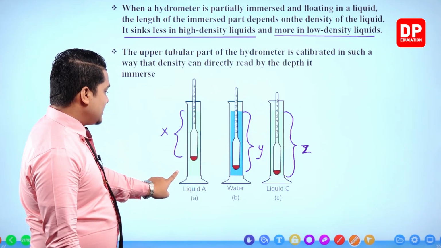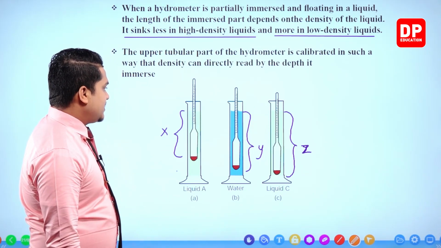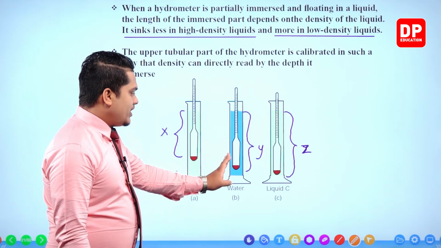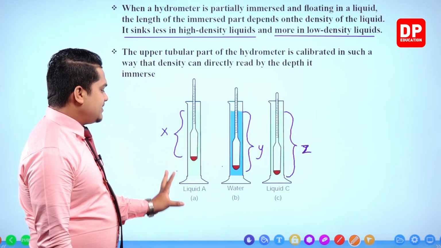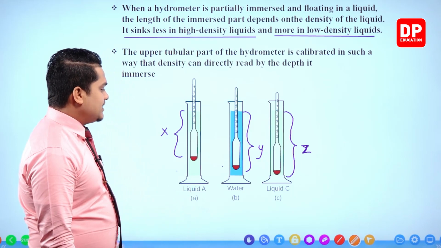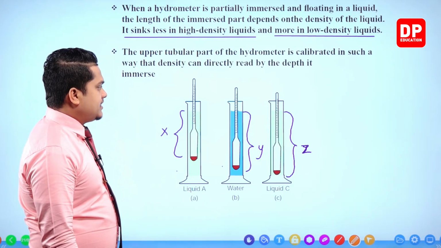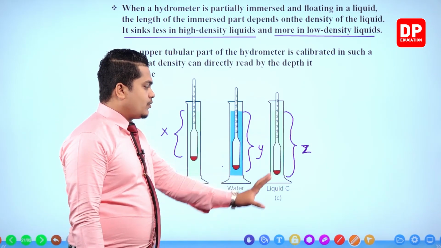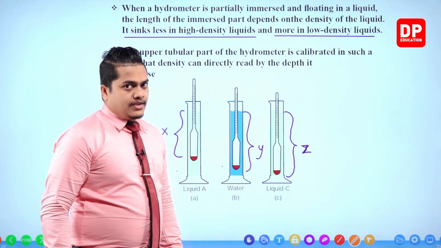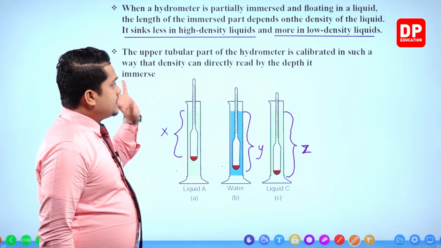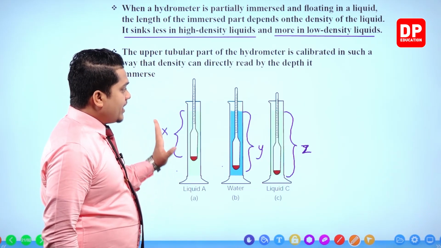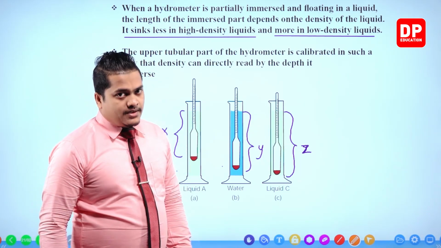So this one has the highest density. This one has an intermediate density when compared to A and C. And the C liquid has the lowest density because a greater part is sunk within the liquid. So this is the way of measuring the density, my dear children.